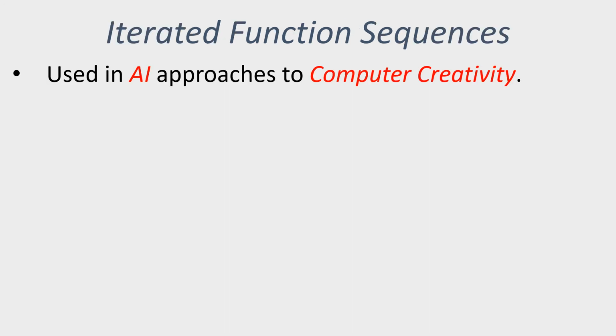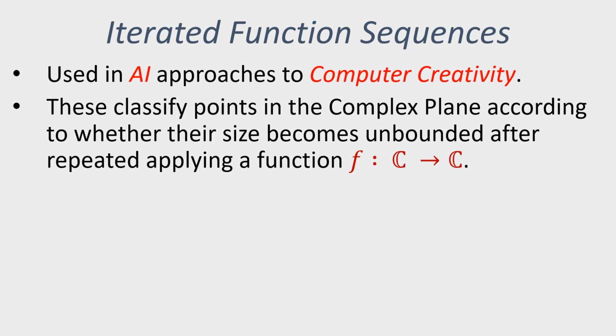iterated function sequences. Another important application of complex numbers in computer science is in artificial intelligence and the specialist area called computer creativity. What we're doing with iterated function sequences is classifying points in the complex plane according to whether the size of a particular point becomes unbounded after we apply the function repeatedly.